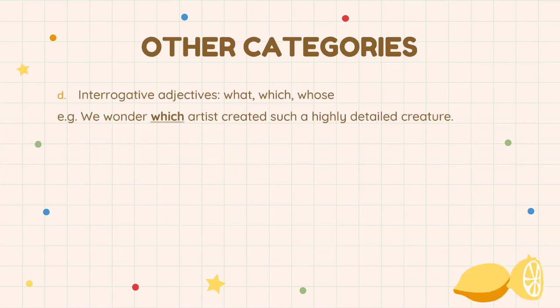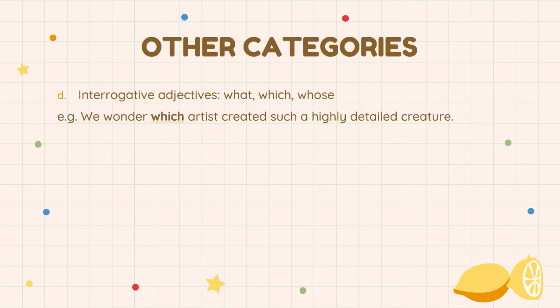Okay, the next is interrogative adjectives. What, which, and whose. What, which, and whose belong to question words because they are followed by a noun. We wonder which artist created such a highly detailed creature.